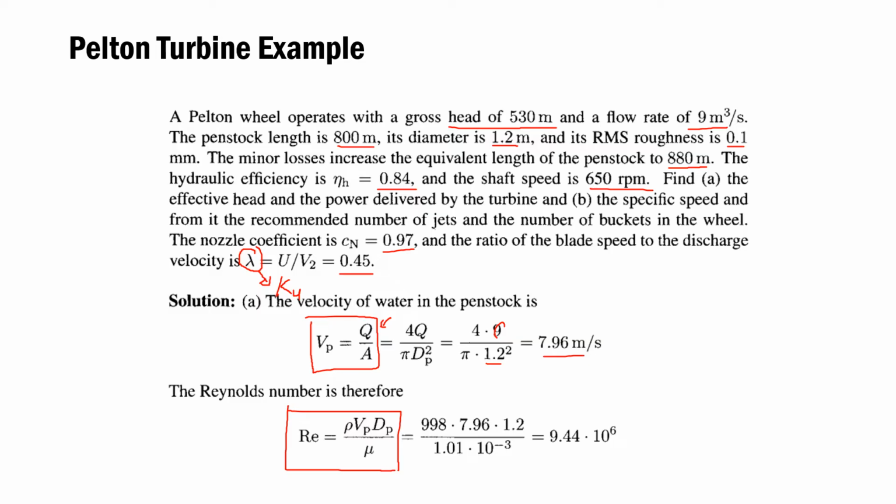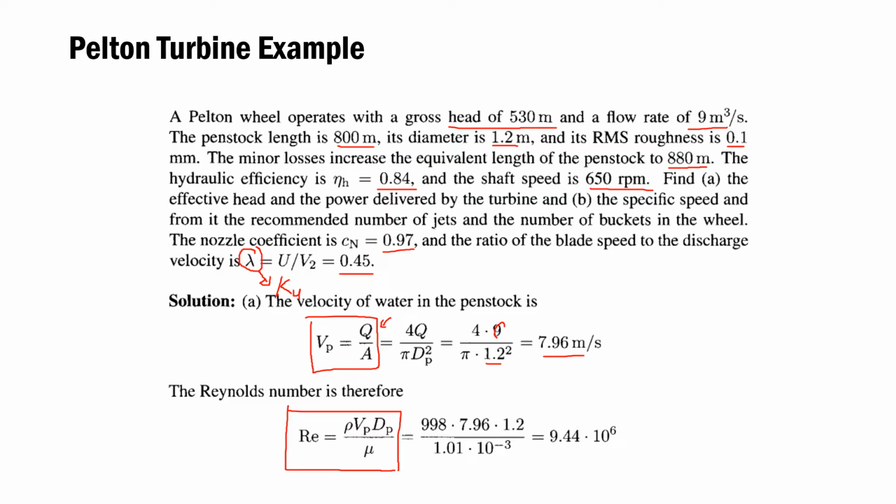In the equation, we have rho, which is the density of water, and Vp, the velocity of water inside the penstock. Dp is the diameter of the penstock, and mu is the viscosity of water inside the penstock.